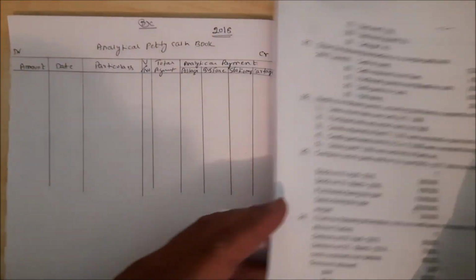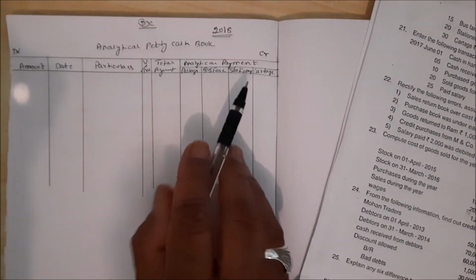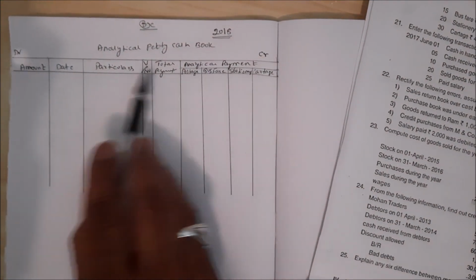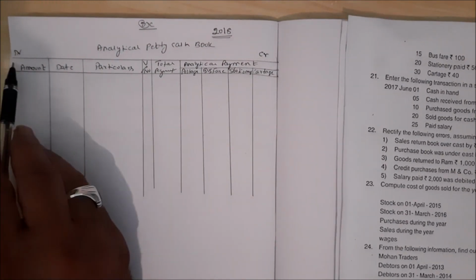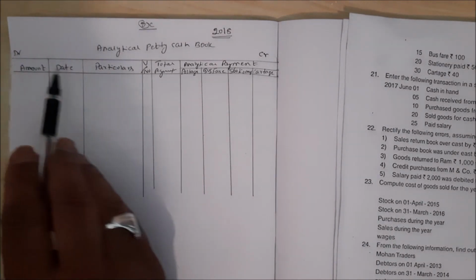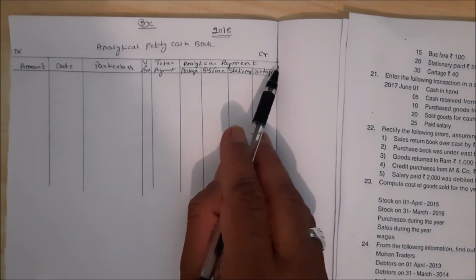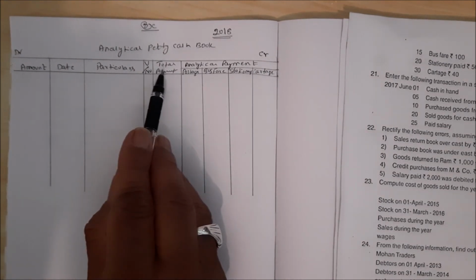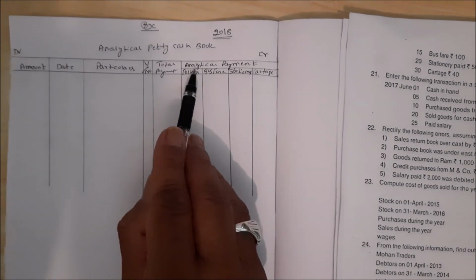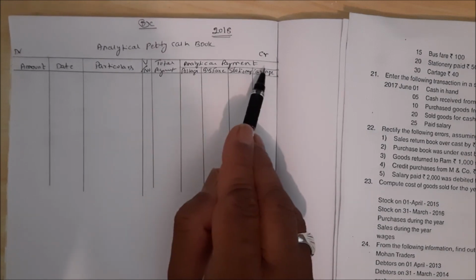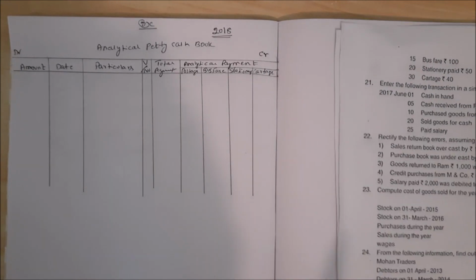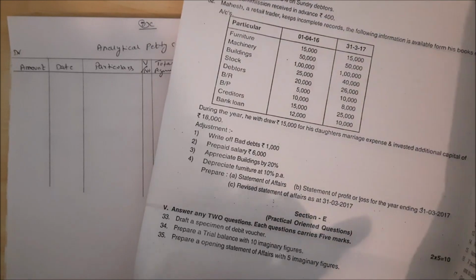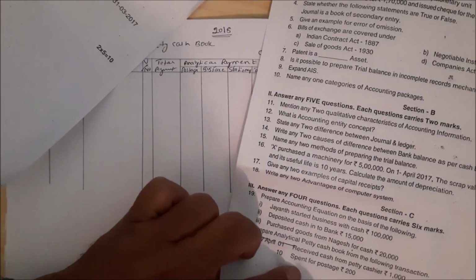So what you have to do is prepare the format, analytical petty cash book: amount, date, this is called the debit side, and the entire right side is called the credit side. Particulars, voucher number, total payment, then analytical payment or analysis of payment. So you just find out how many types of expenses are there in the question paper.